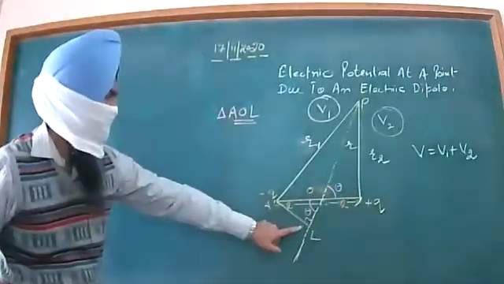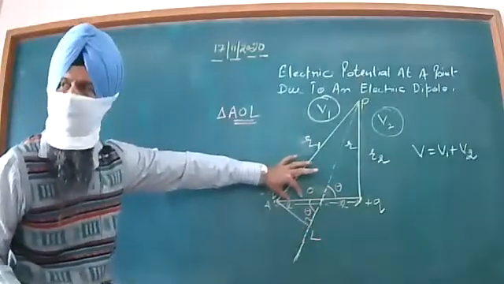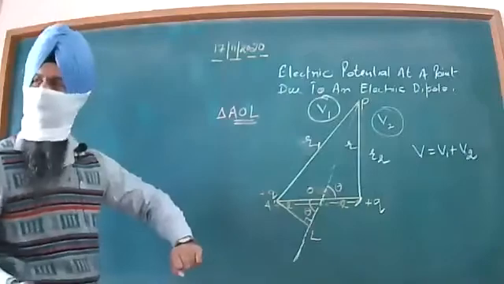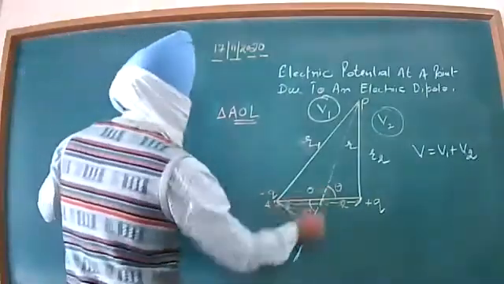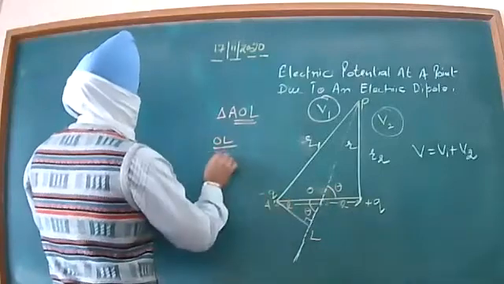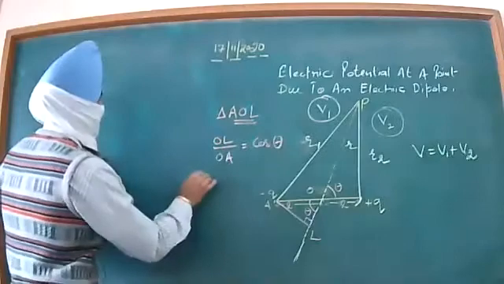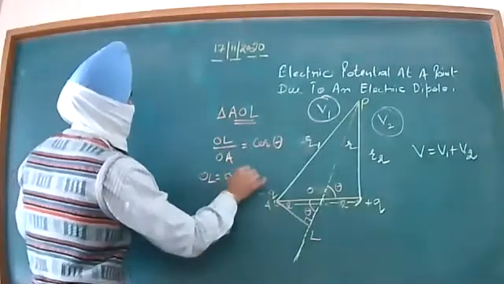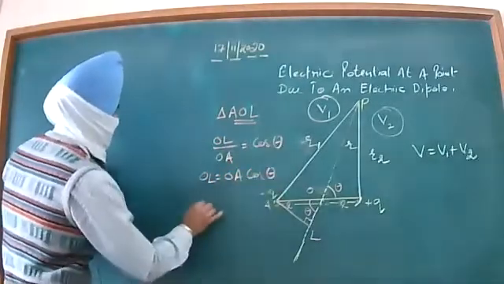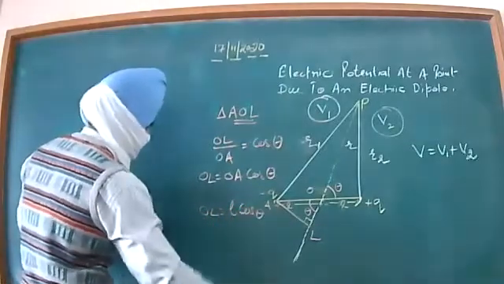Then in this triangle, this is the base, this is the hypotenuse, and cosine of angle theta is equal to base over hypotenuse. Base is OL, and OA is the hypotenuse, so cos of angle theta is OL over OA. OL is equal to OA cos theta, and OA is L, so it is L cos theta.